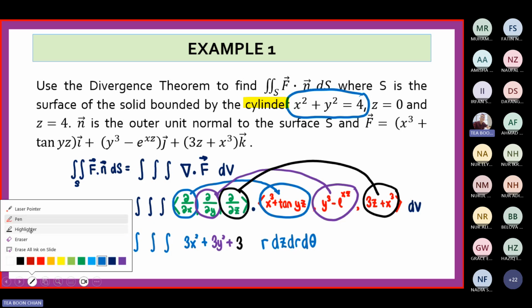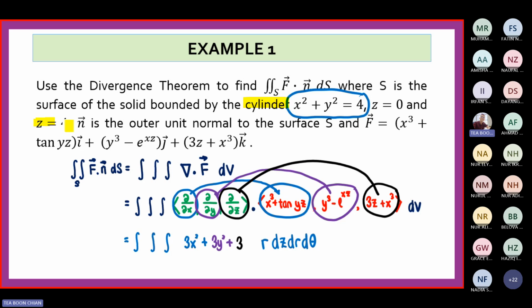And you also notice that z is bounded by z equals 4 and z equals 0. And therefore, this is the interval that you need. The innermost computation, z equals 0 to z equals 4. Next, radius r. Well, x squared plus y squared equals 4. I hope you really can identify now. The radius is 2.